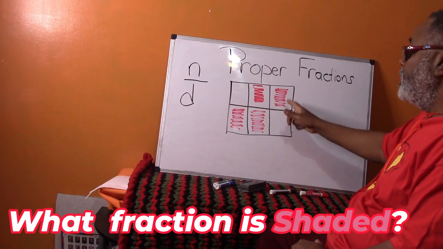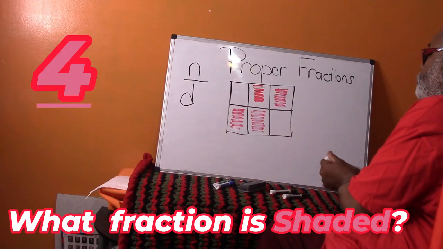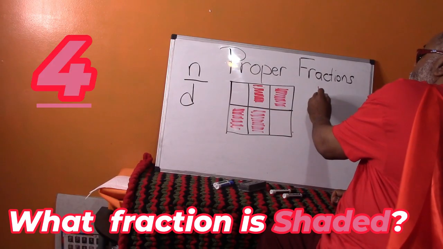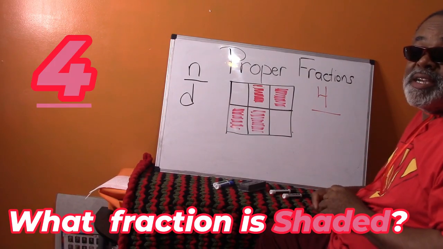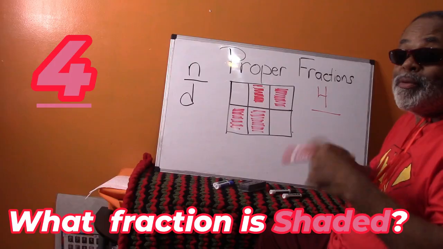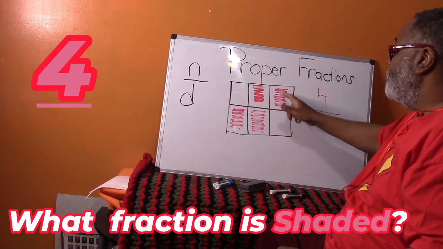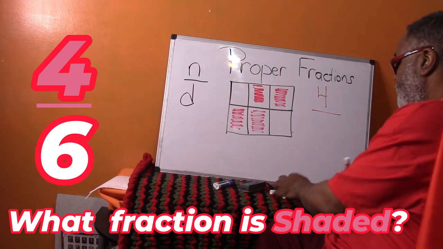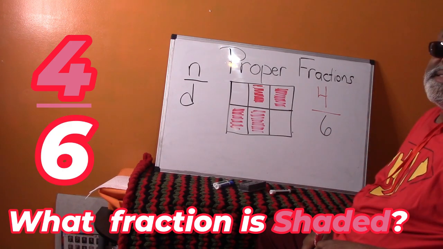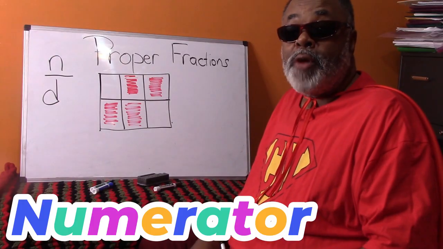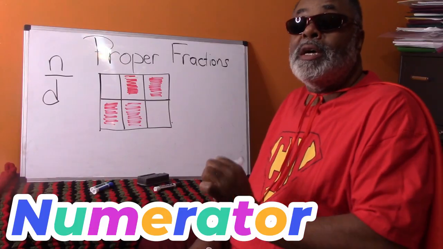How many are shaded? 1, 2, 3, 4. So 4 of them are shaded. And how many equal parts is it cut into that represents one whole? 1, 2, 3, 4, 5, 6. So this fraction is 4/6.